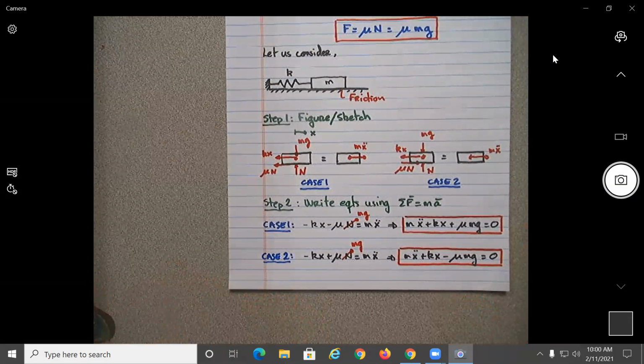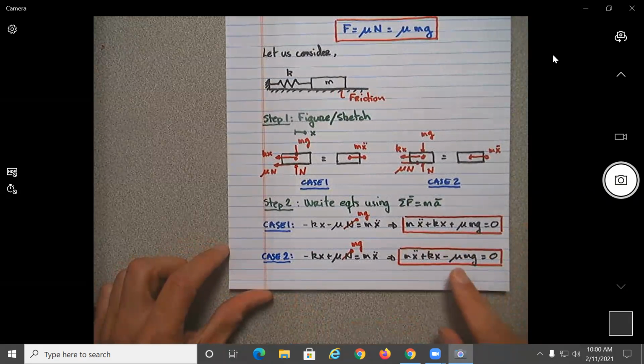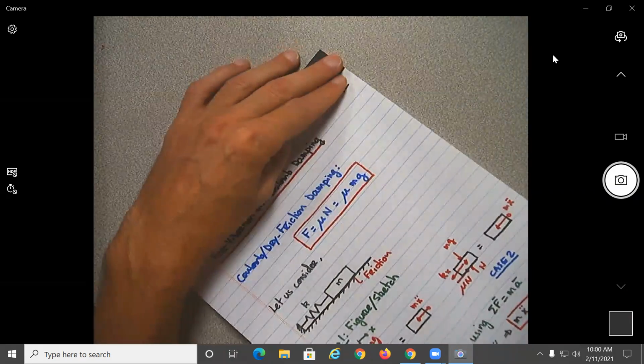Okay, so basically you see that the equation is exactly the same except for the sign over here. All right, so we can just rewrite this equation.